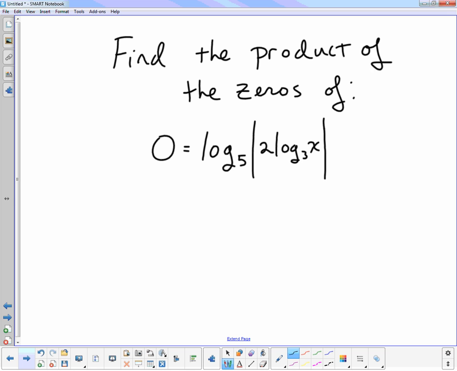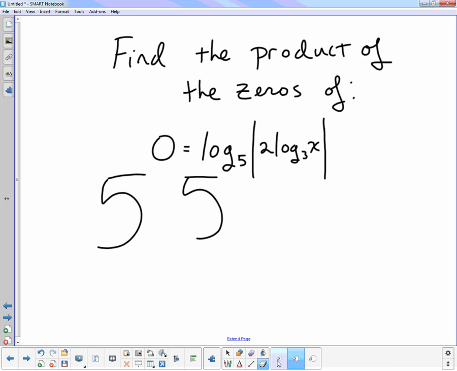So how do I get rid of this log base 5? What's my favorite rule? Now it falls apart.